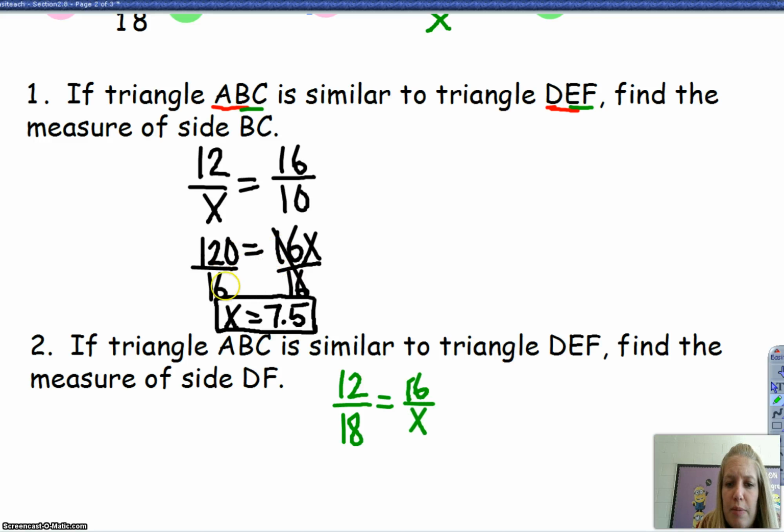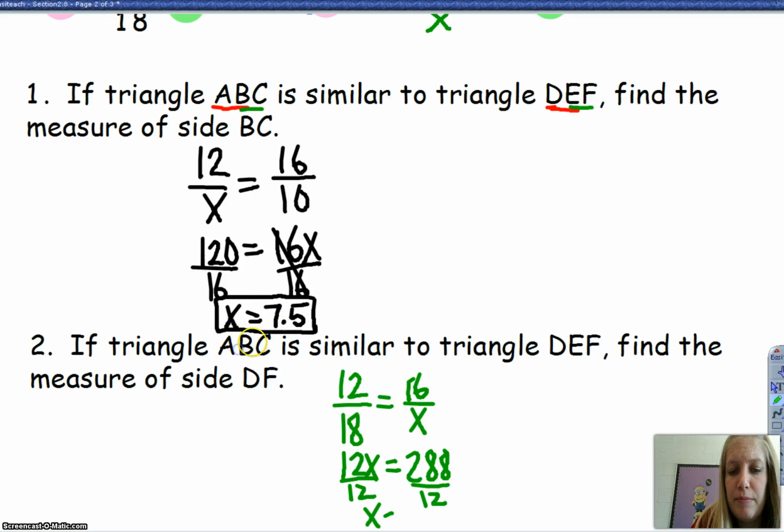So when you do your cross products, you get 12x equals, you do 18 times 16, and I get 288 divided by 12 gives me 24. And that would be the measure of side DF.